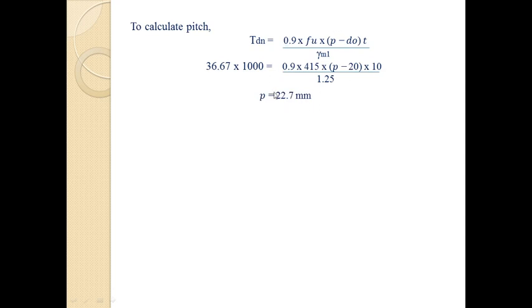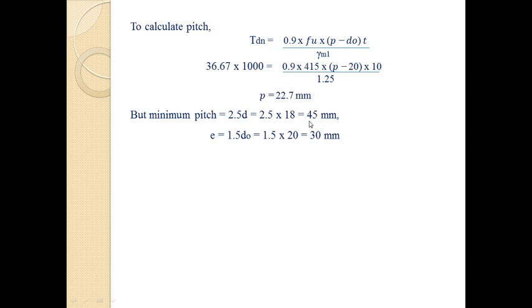Now we have to check it for the minimum criteria of pitch. We know the minimum pitch is equal to 2.5d, that is 2.5 multiplied by 18 mm, which is equal to 45 mm. This means we have to provide at least the minimum pitch, and p equal to 22.7 is lesser than this value. So we cannot provide p equal to 22.7 mm.